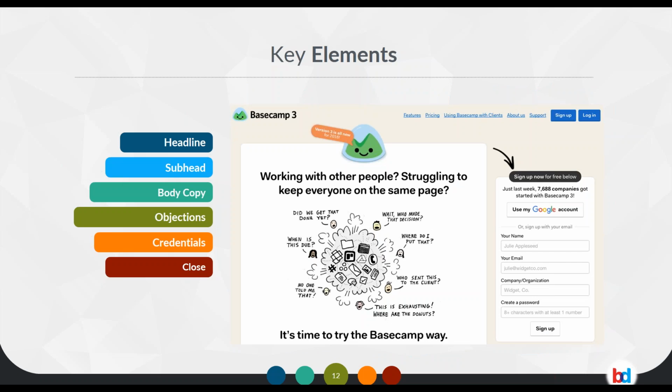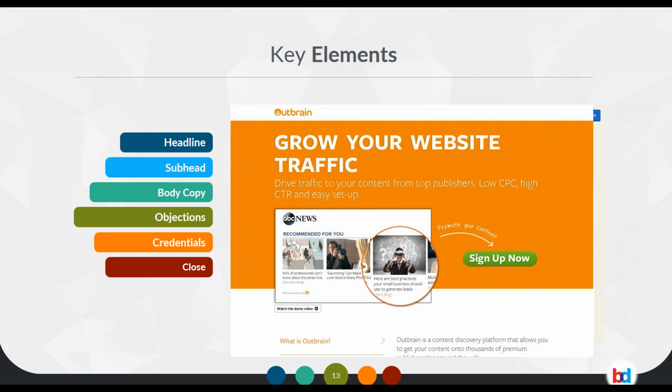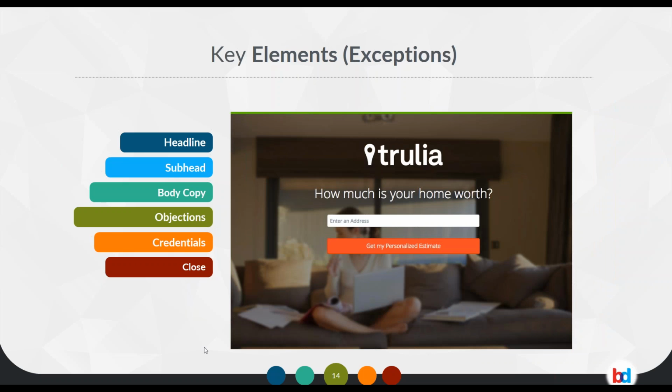You need to have enough to tell the story, because if you can't, you're not going to make the sale. But if you consider something like Trulia, there are only 4 elements on that page. Shakespeare said essentially that brevity is the soul of wit, so I'd strive for less versus more.